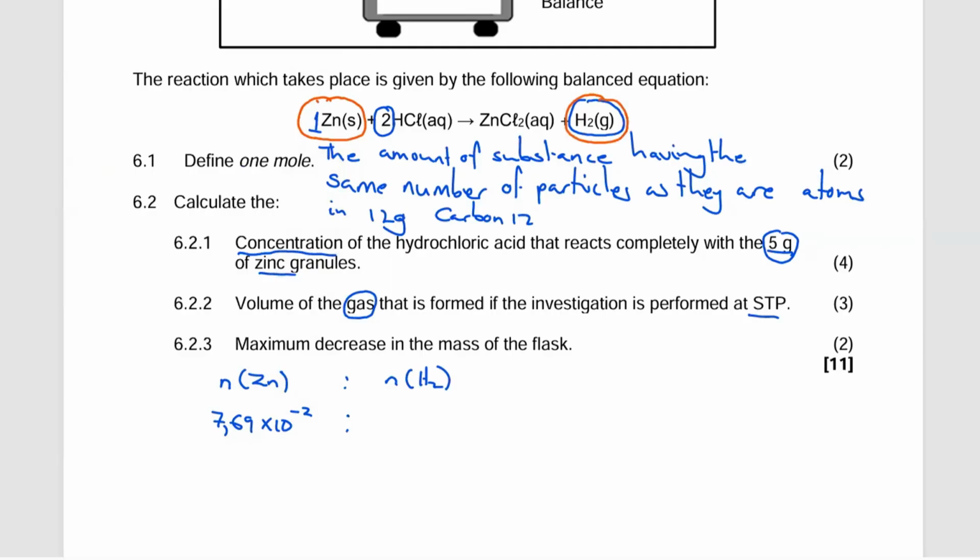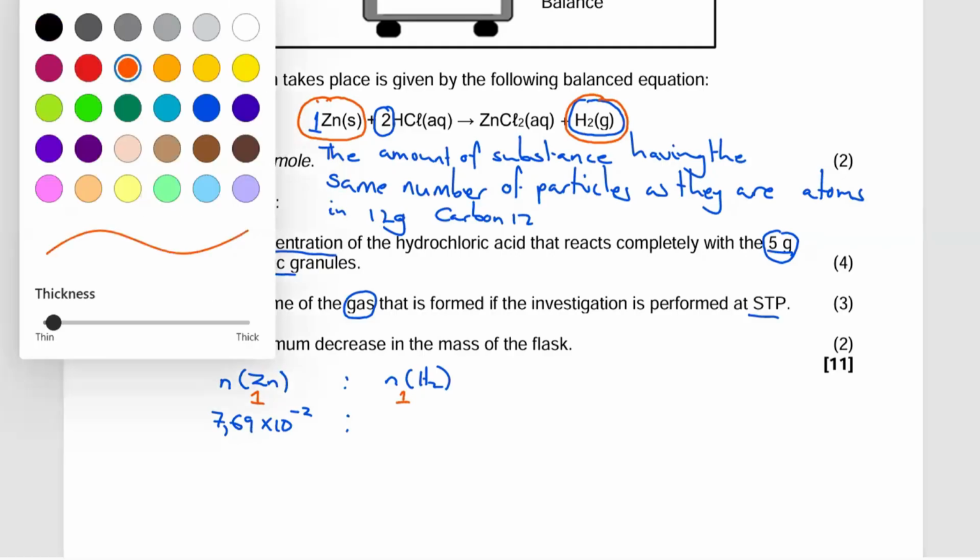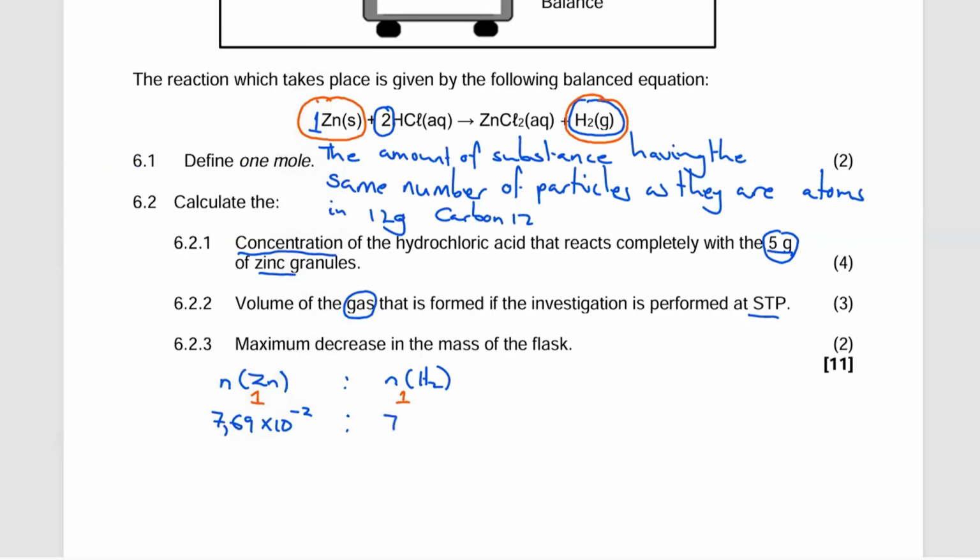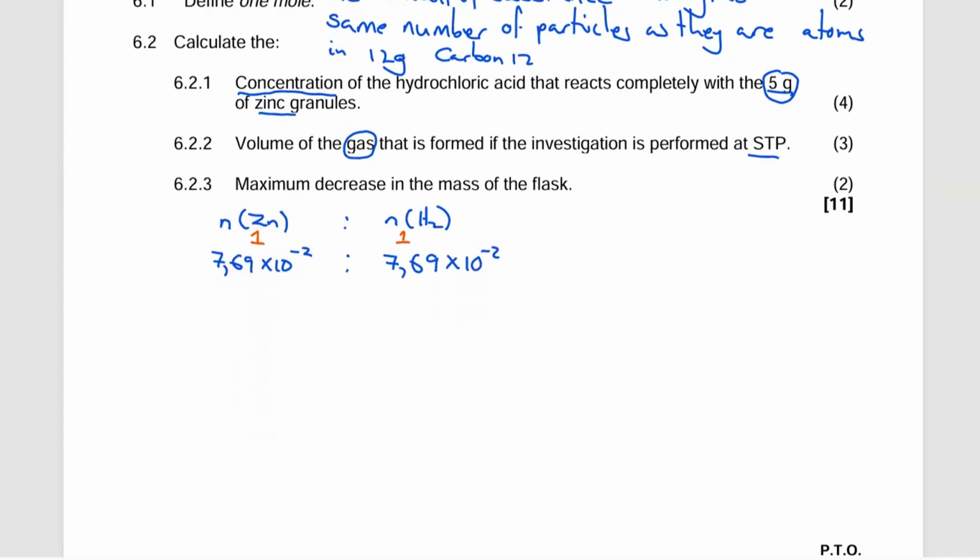So the mole ratio here should be 1:1, right? So what does that mean if it's 1:1? If we're using 7.69 times 10 exponent negative 2 moles for zinc, it means we're going to use the same number of moles for our hydrogen gas, right? So now we have our number of moles for hydrogen.